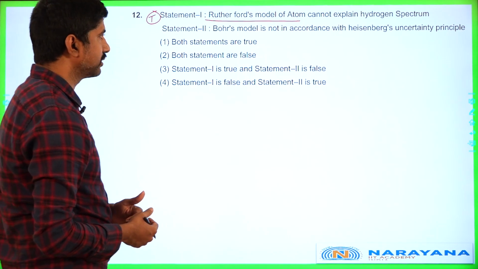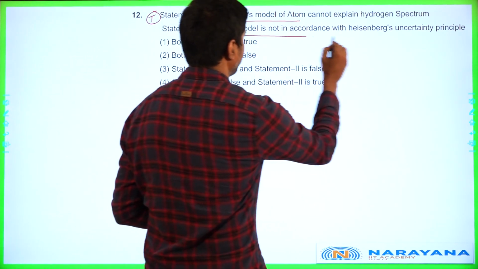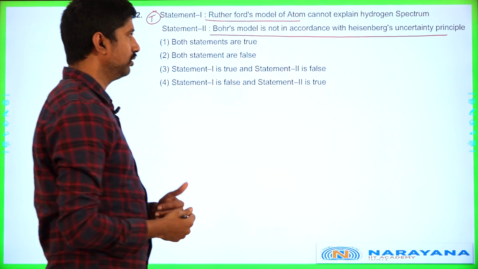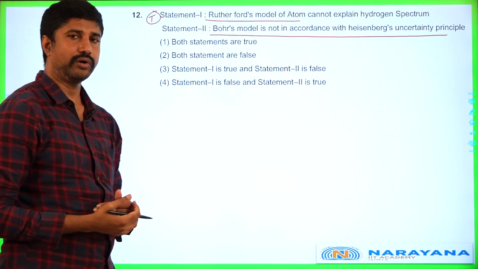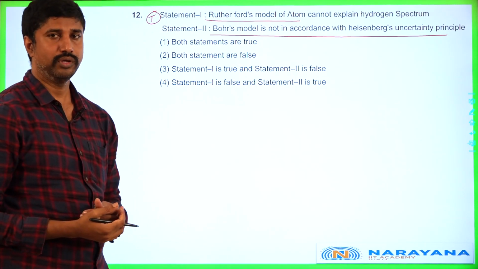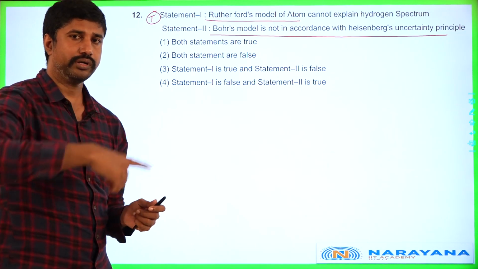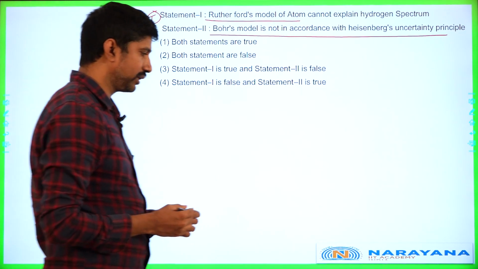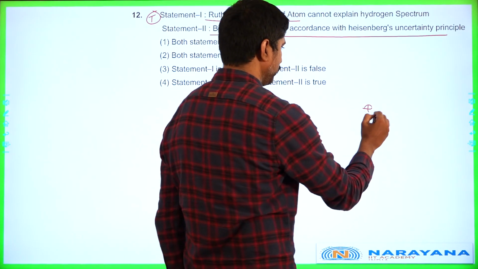Bohr's model is not in accordance with Heisenberg principle. Bohr's model says that the electron is revolving in a well-defined circular path around the nucleus.